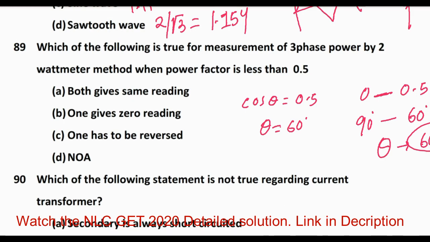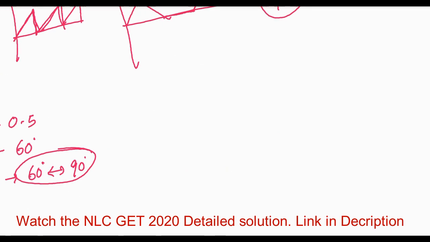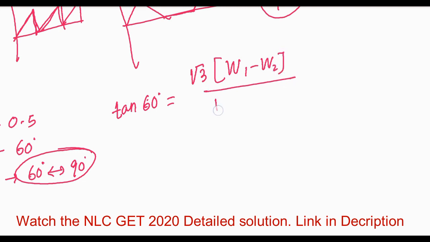So what will happen for suppose 60 degree, what is the tan theta value? I have already discussed in many of the exams and question discussions that tan theta will be equal to √3 into (W1 minus W2) by (W1 plus W2).